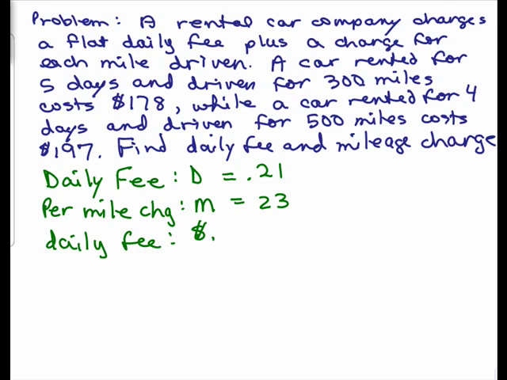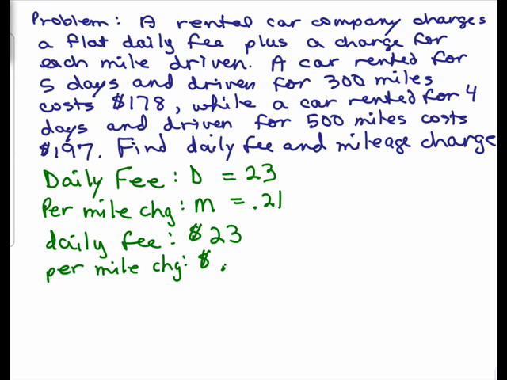I put in the wrong value. D was 23 and M was 0.21. So the daily fee was $23 per day, and the per mile charge was 0.21 dollars, or you could write 21 cents.